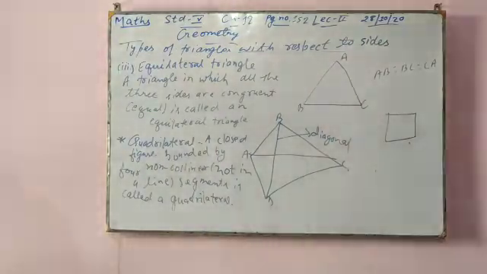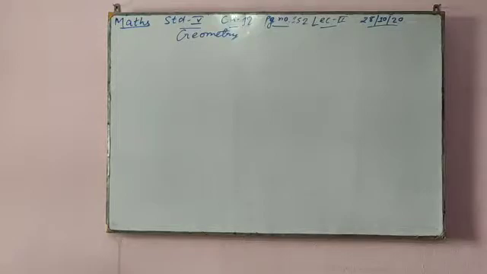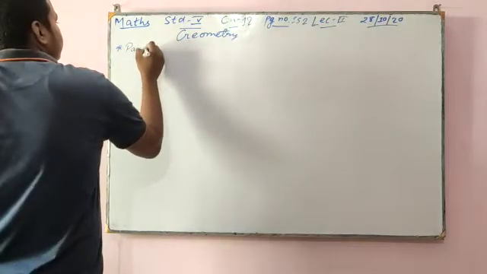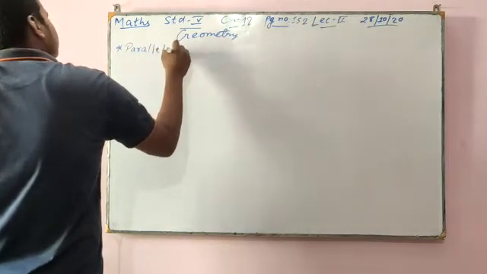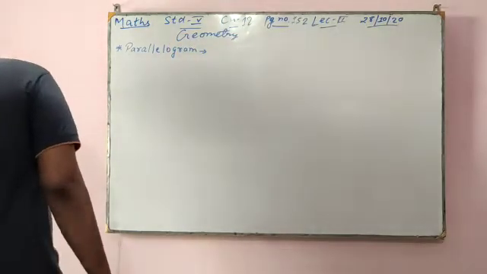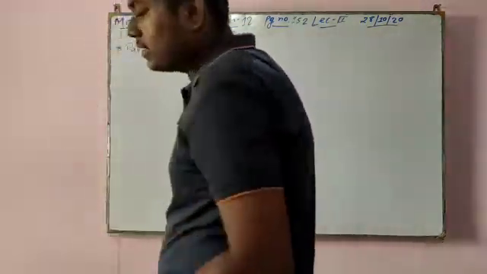Now I will go for parallelogram. Next explanation, parallelogram. A quadrilateral whose opposite sides are parallel.